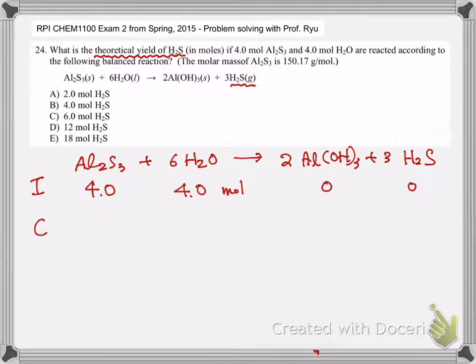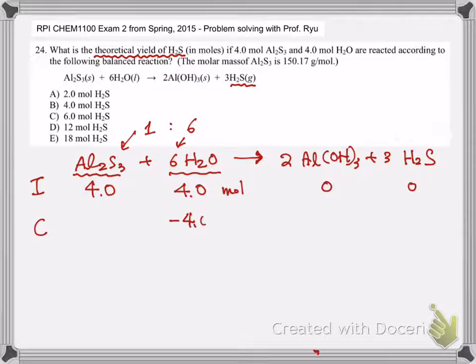This will react and consume both sides. Because it was not given in a stoichiometric ratio, one will run out first. If you look at that, it is being used in a 1 to 6 ratio, right? So which one will be completely used?